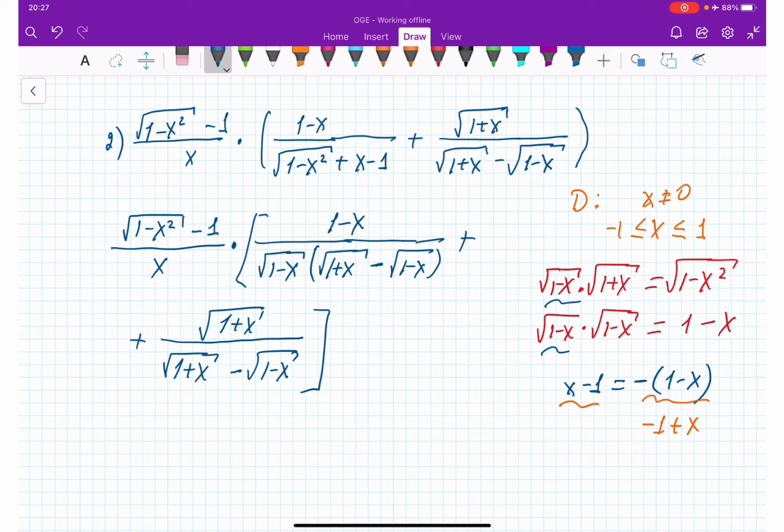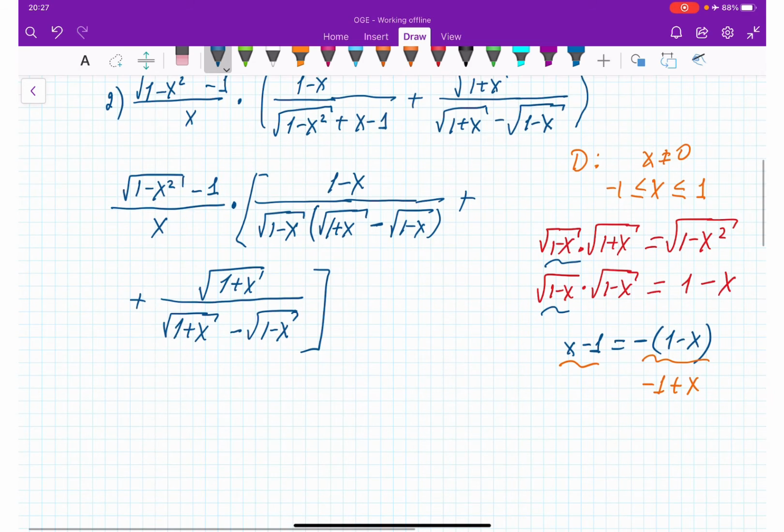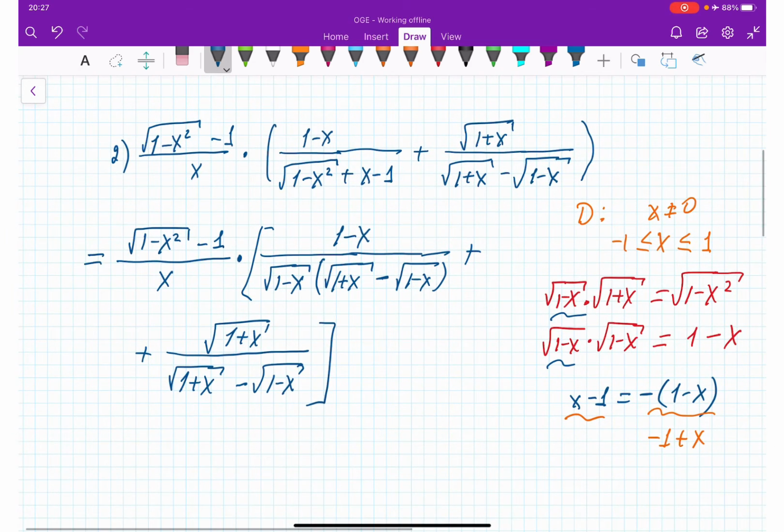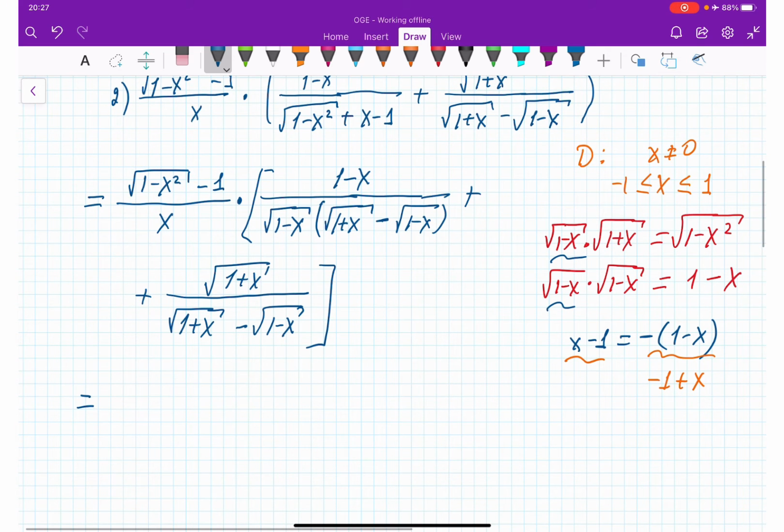So going further, it's going to be equal to 1 minus x squared minus 1. In the denominator I have x. This is pretty much self-explanatory.